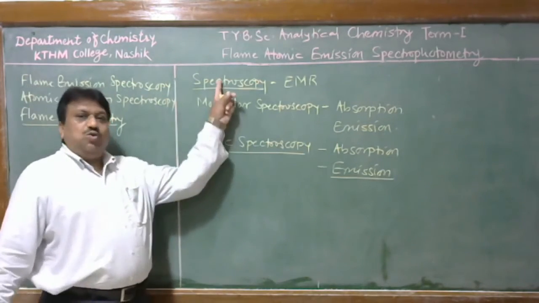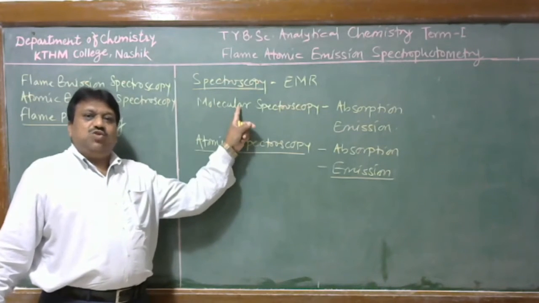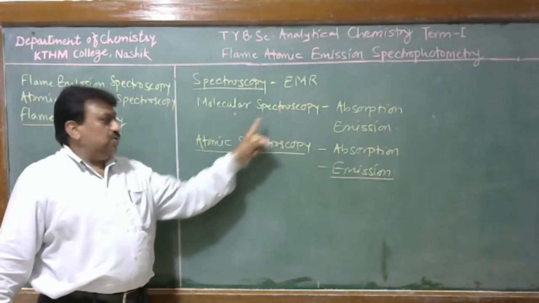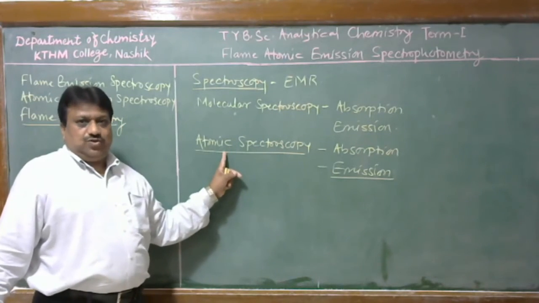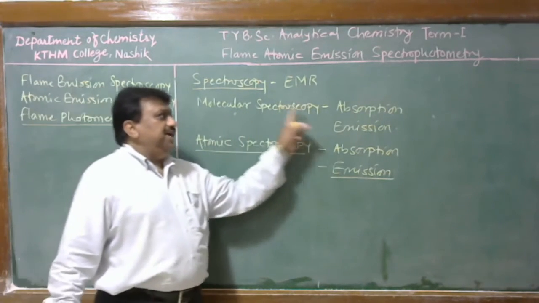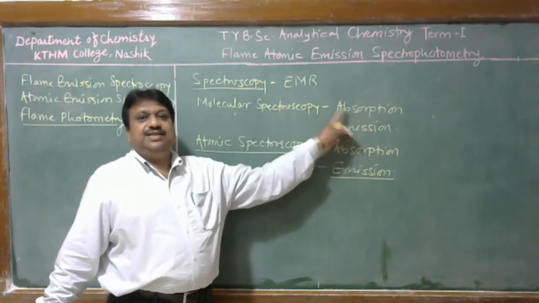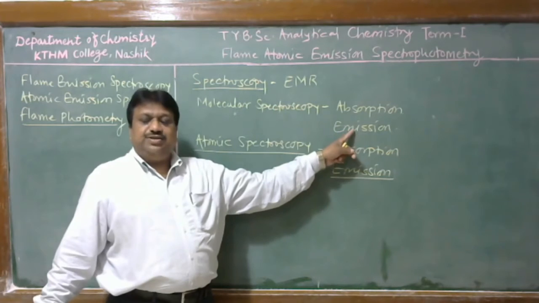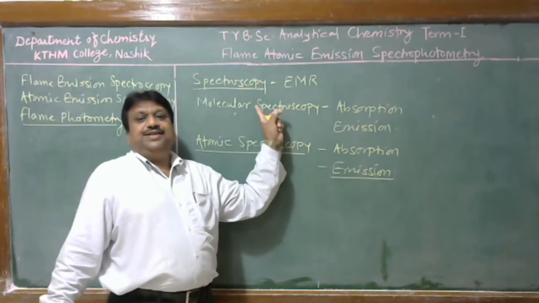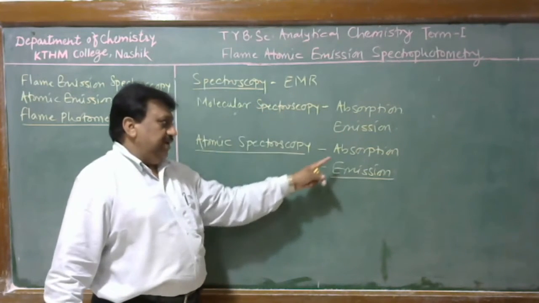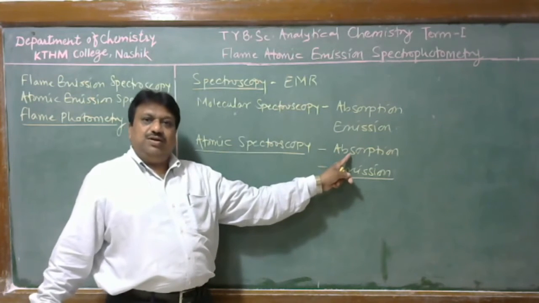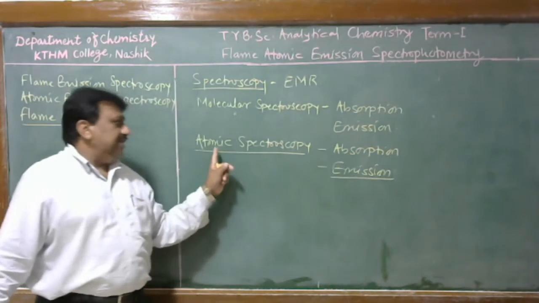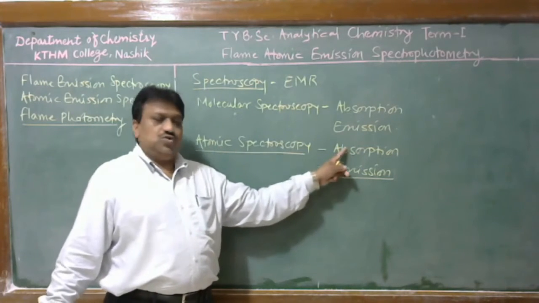Therefore, spectroscopy based on the type of material is classified as molecular spectroscopy and atomic spectroscopy. If the measurement mode is absorption, it is molecular absorption spectroscopy. If the measurement mode is emission, it is molecular emission spectroscopy. If measurement of atomic species is by absorption, it is called atomic absorption spectroscopy.